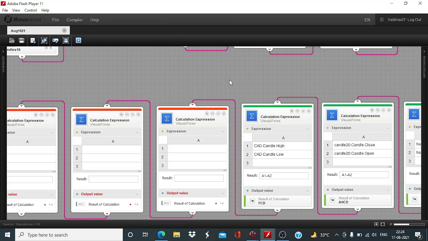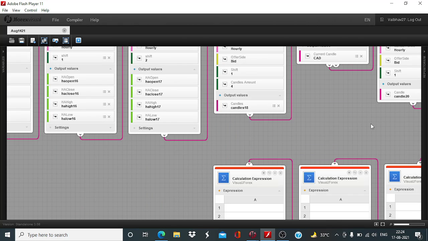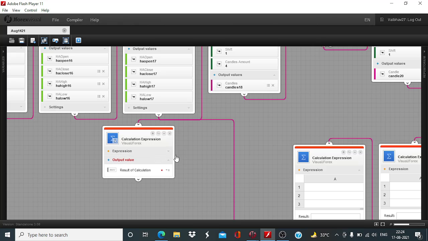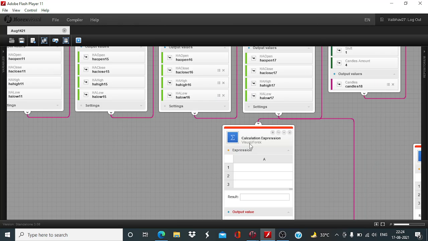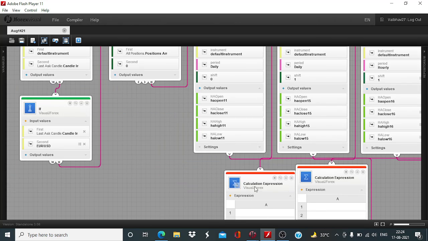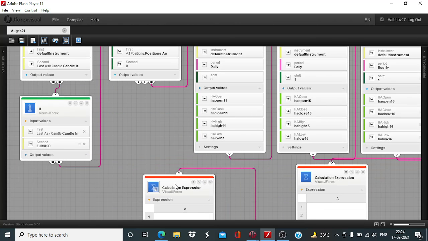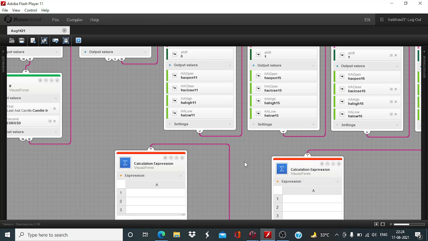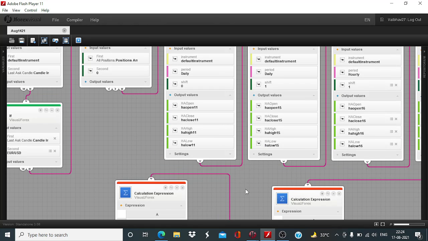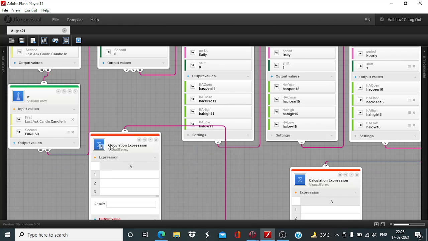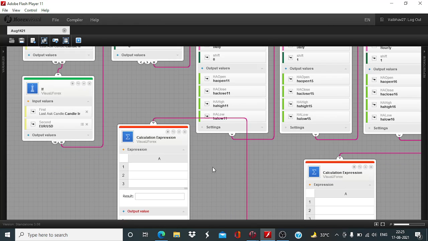So here we are going to use the values HA open 11 and HA close 11. We need the HA close 11 to be less than HA open 11, so we are going to deduct the HA close 11 from HA open 11.